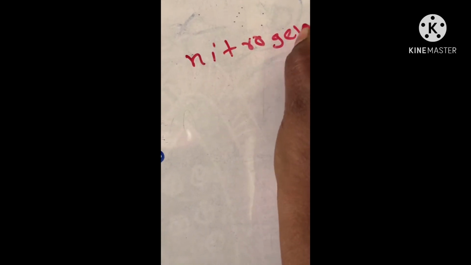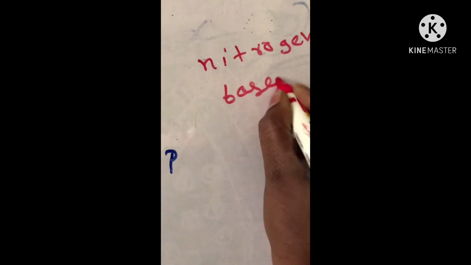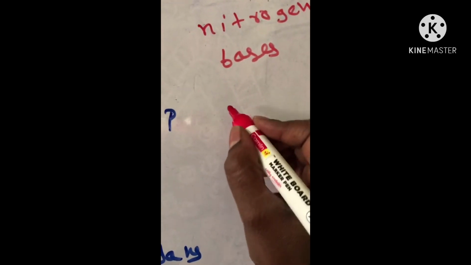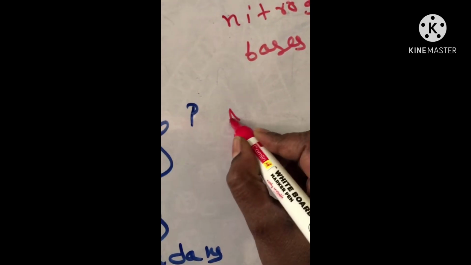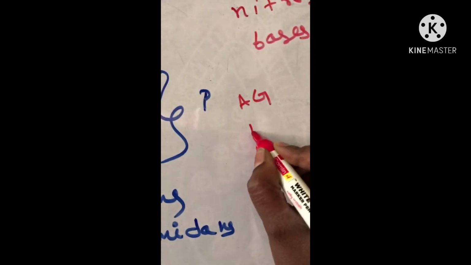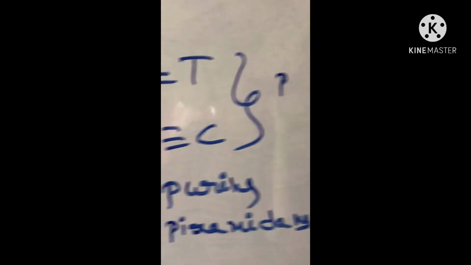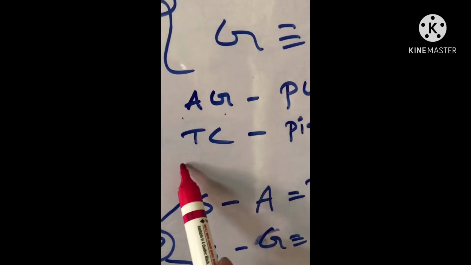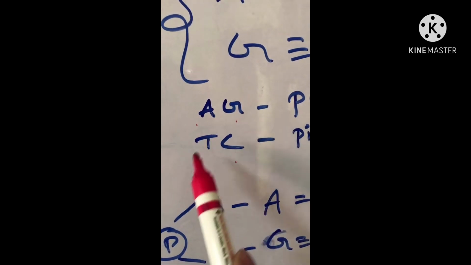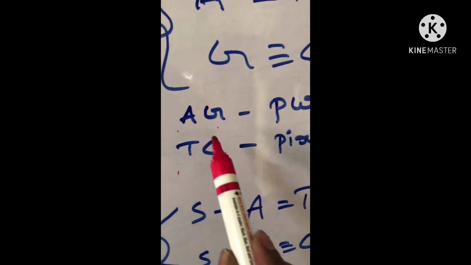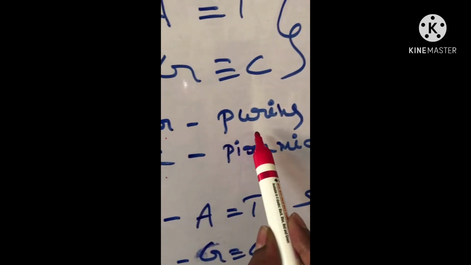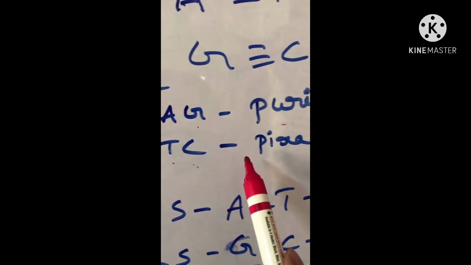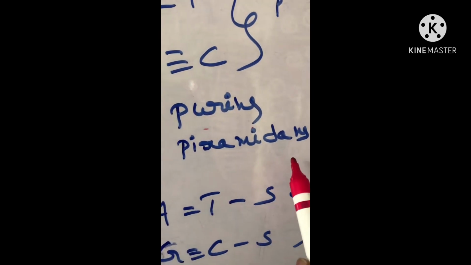These nitrogen bases are of four types: adenine, guanine, thymine, cytosine. These four are nitrogen bases. Adenine and guanine are called purines, and thymine and cytosine are called pyrimidines.